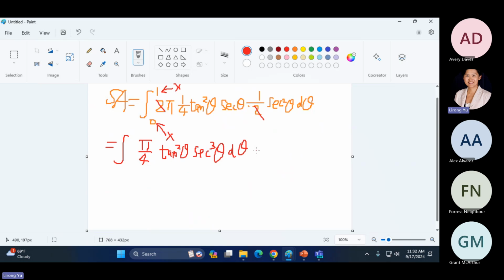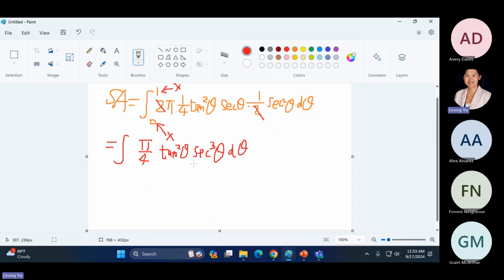This integration is really difficult to do. Normally whenever this happens, if secant has a square, we would do a tangent substitution, right? If tangent has an odd degree, we would do a secant substitution. But right now, tangent is squared and secant is cubed, so none of the substitution methods will work.